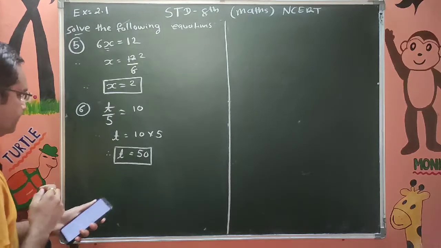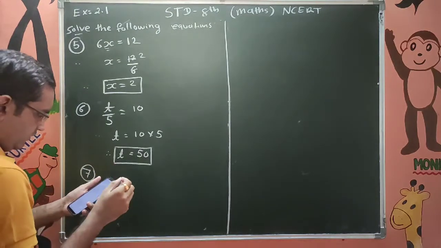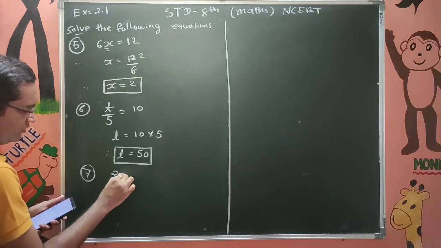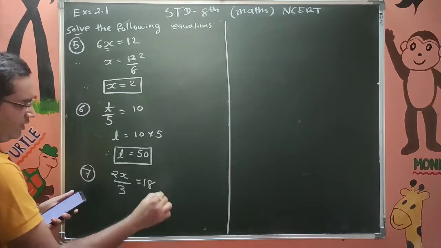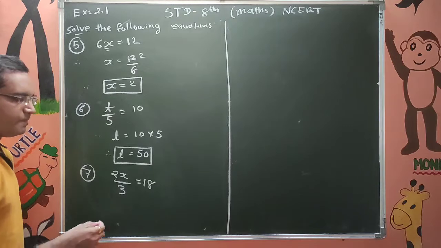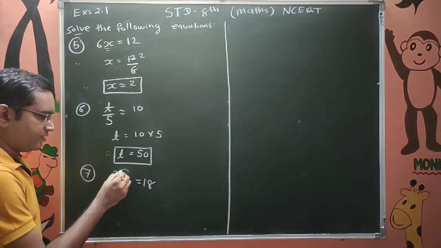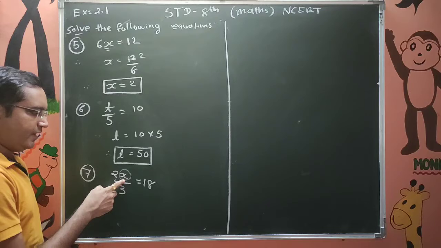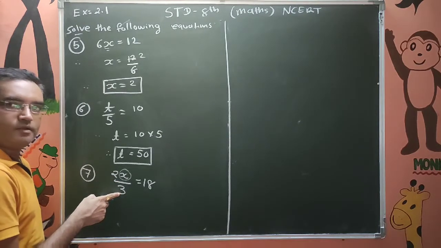Now next question, question number 7. In 7, we are given 2x by 3 equal to 18. Here you have to solve this equation in which our variable is x. 2 is given in multiplication and 3 is given in division.